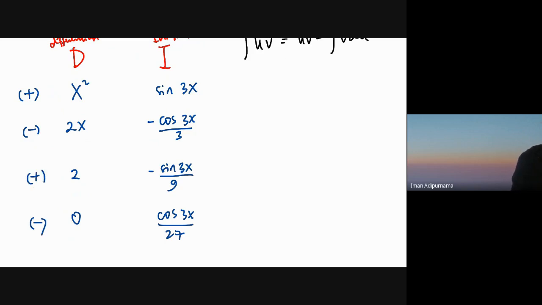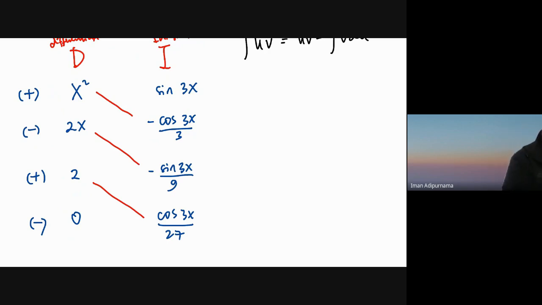And we cross multiply this, okay? So we will have plus multiplied by x squared multiplied by minus cos 3x over 3. That's our first element. The second element, minus multiplied by 2x multiplied by negative sine 3x over 9. And then plus multiplied by 2 and then cos 3x over 27.